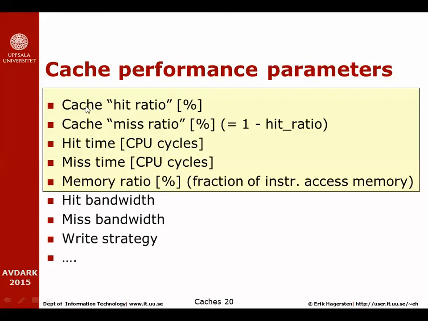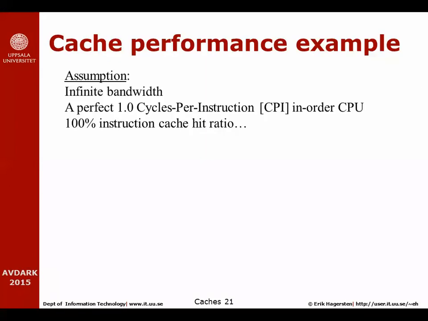If we know the cache hit ratio, hit time, miss latency, and memory ratio, we can compute, for a specific architecture, the cycles per instruction or instructions per cycle that architecture will give us. So let's make some assumptions here. Let's assume that we have infinite bandwidth to and from our caches and to and from our memory, so that's not going to be a problem.